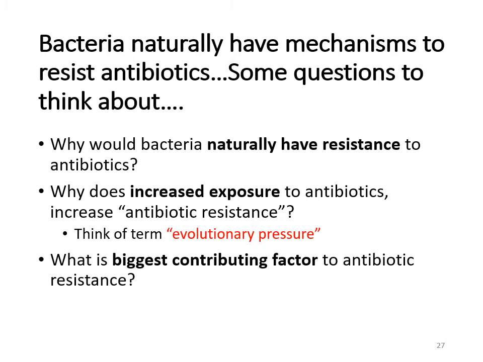Because like I said, what you're doing is you're killing off all the normal flora, which means you're leaving space and resources and nutrients for the resistant problematic pathogens to now replicate and replicate and replicate and to really flourish. Okay?